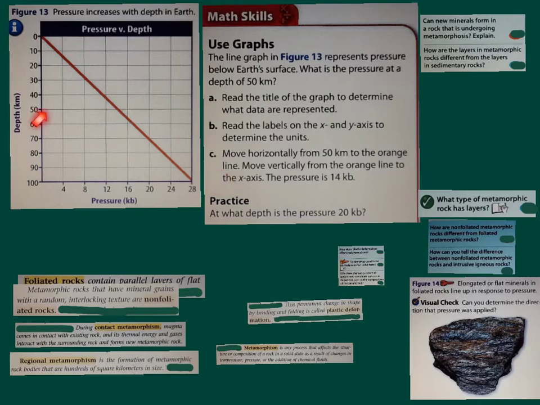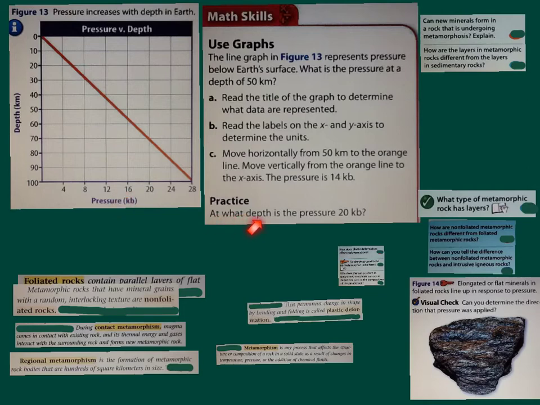So we're finding 50 kilometers and moving horizontally, this direction, to the orange line. Once we're on the orange line, move vertically from the orange line to the x-axis. The x-axis would be down here. As you notice, we are not on a line, so we have to estimate between this one and this one. So roughly, the pressure is 14 kb.